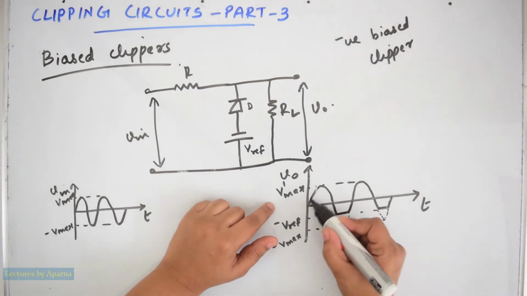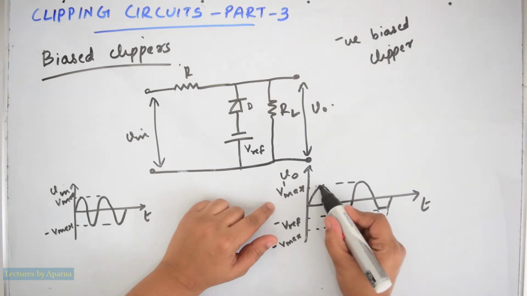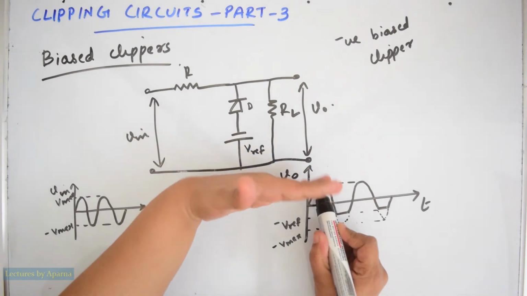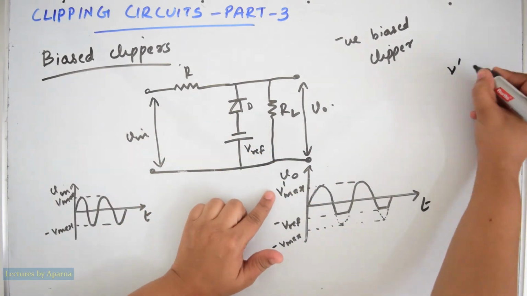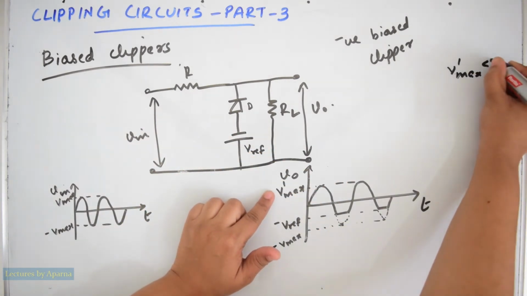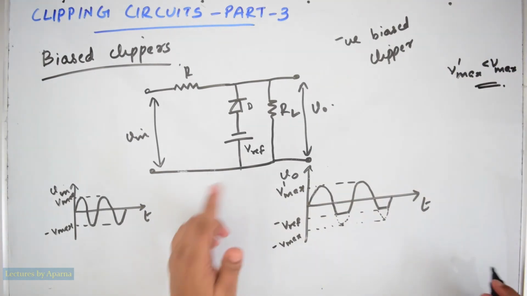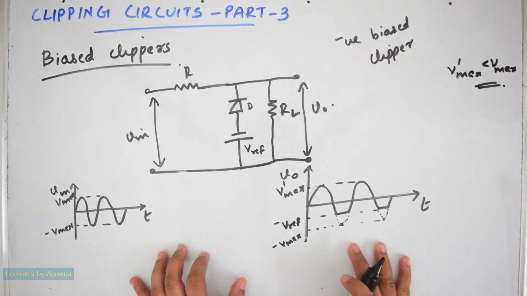This is the output waveform, and in the positive half cycle the value will be reduced to V dash max. This V dash max is less than V max, and why it is so I'll explain. So this is how the output waveform will look like.